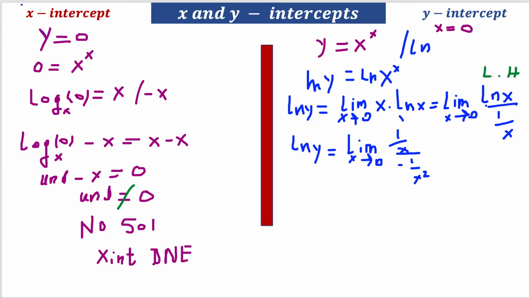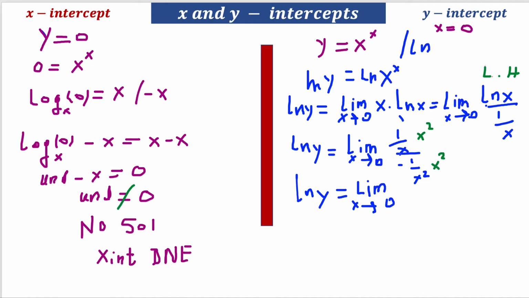And now here we multiply everything by x squared. We multiply here by x squared, and we multiply here by x squared. And what we're going to have is that ln y will be equal to the limit as x goes to 0, and here x squared with x squared simplifies.